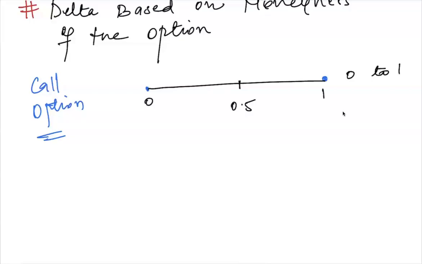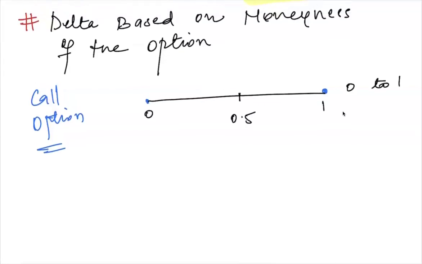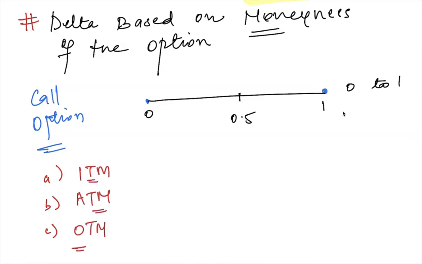Now let's break it down further based on moneyness. We discussed the concept of moneyness in the previous class. There are three things, right? In the money, at the money, and out of the money. We saw these three concepts in our previous class. So if the delta is between 0 and 0.5, we will say that the call option is in the money. If the delta is at 0.5, we'll say it's at the money.